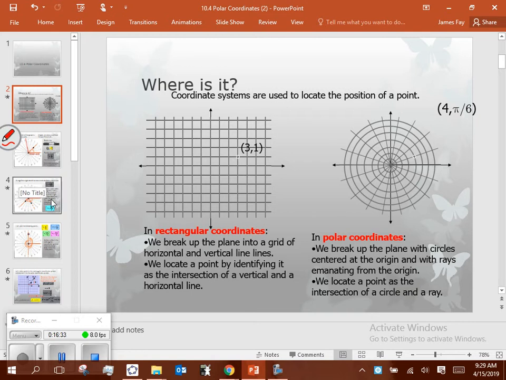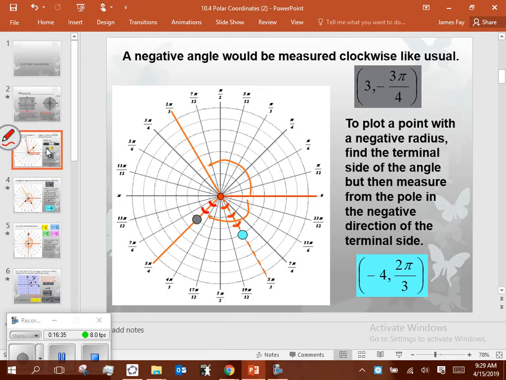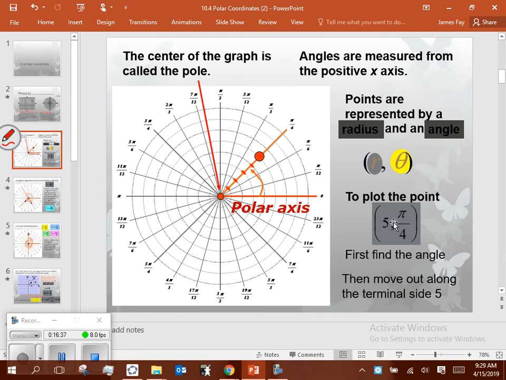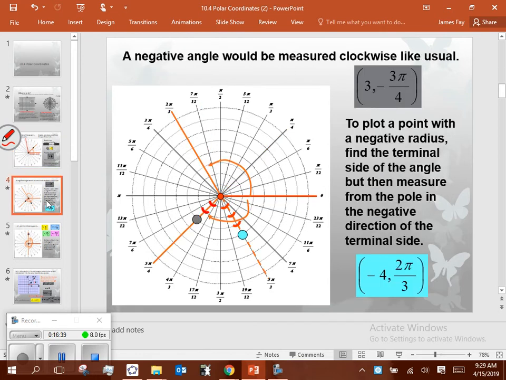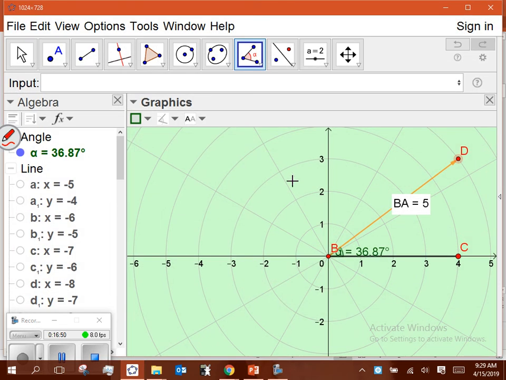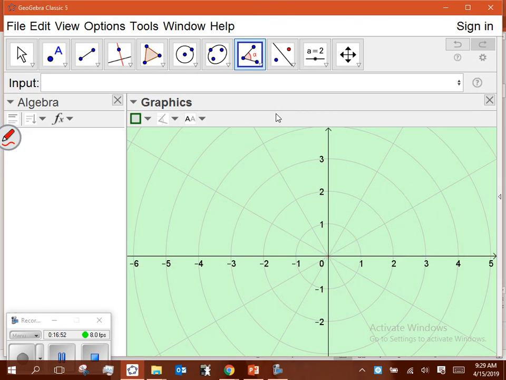In a polar system, if I want to find 3 comma negative 3 pi over 4, there's an infinite number of ways of identifying that point. Okay? I'll just prove that to you real quick here with GeoGebra. Let's go.